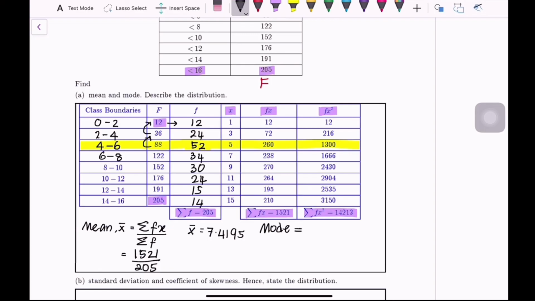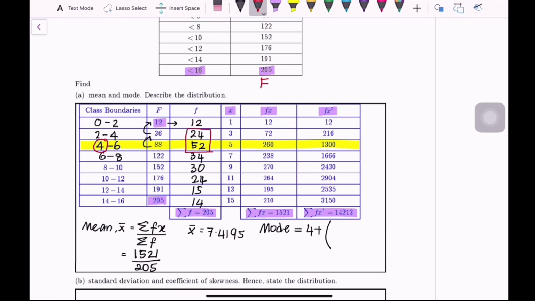Then we substitute into the formula. Mode is LB, the lower boundary for the modal class, which is 4, plus D1, the difference between the frequency of the modal class and the class before.